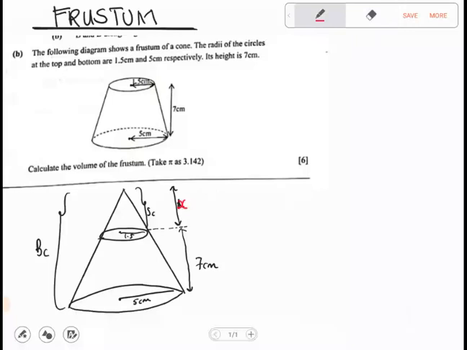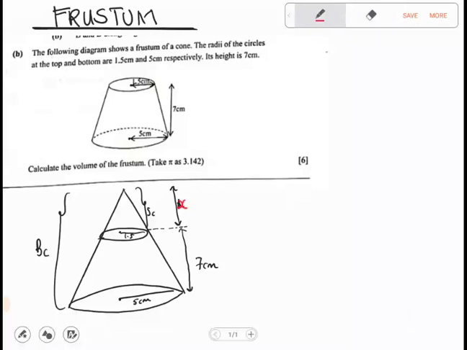We can only find x using the ratio of similar figures. Remember, we have a smaller cone and a bigger cone. They are not the same, but they are similar. That means the ratio of their sides can be expressed in simple ratios.